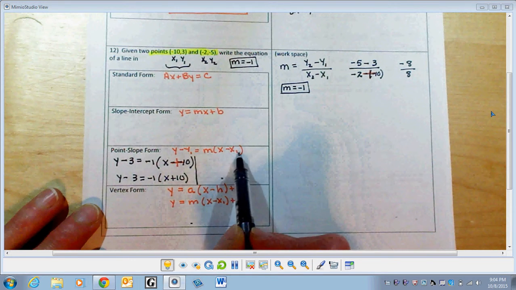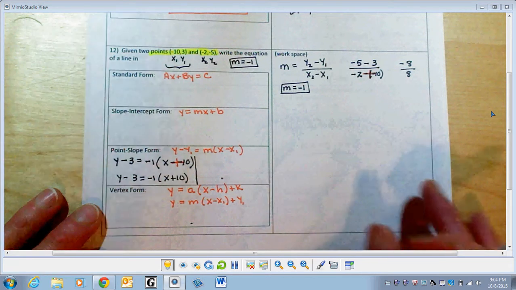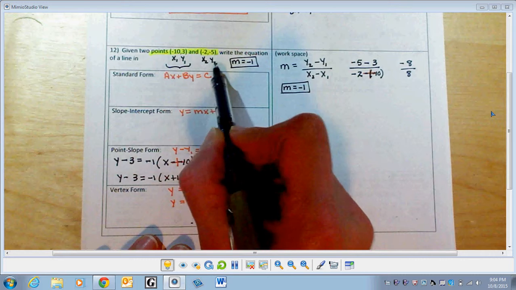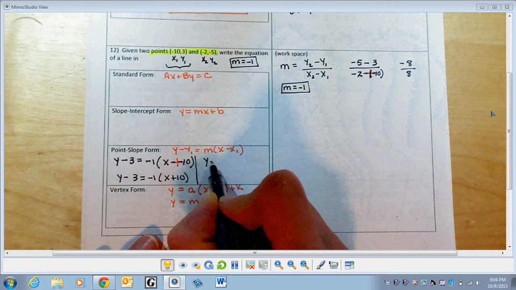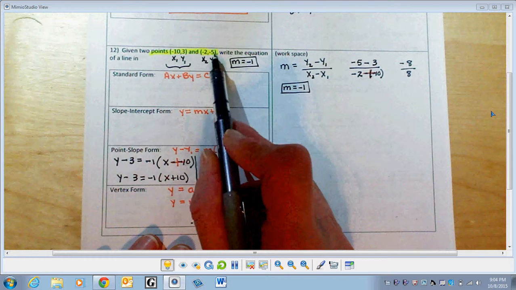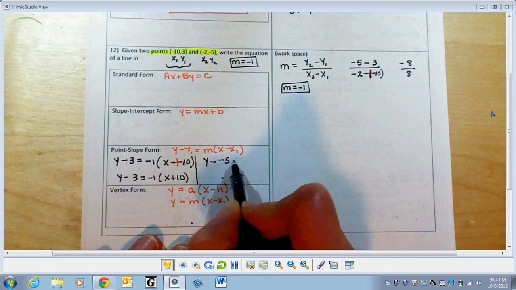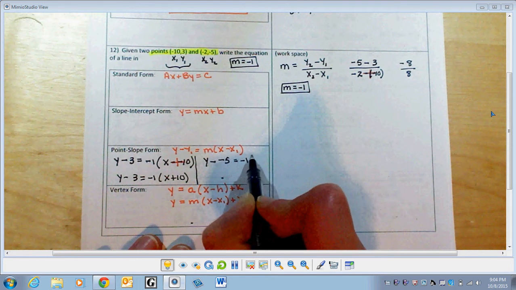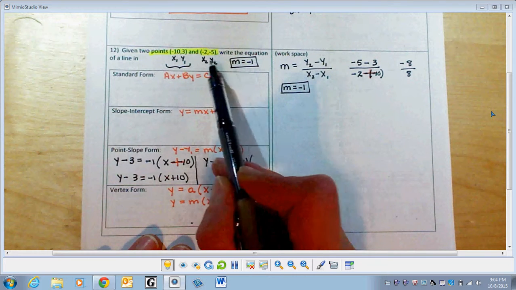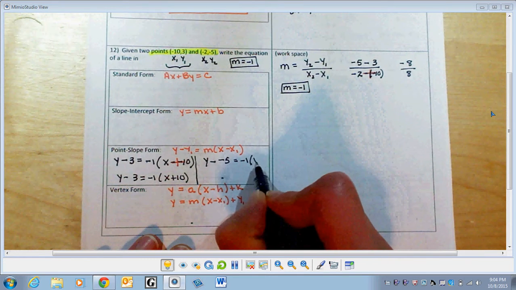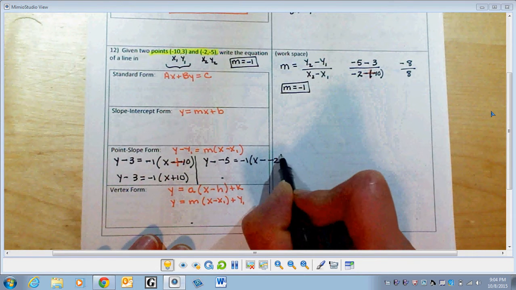But remember, I could have chosen my x2's. Even though this says 1 on the bottom, that simply means same family. So my sub 2's are from the same family. So that means I could have chosen y minus y2, in this case, would be negative 5. There's my minus minus, is equal to my slope, which was negative 1, times x minus my x2, which was negative 2.